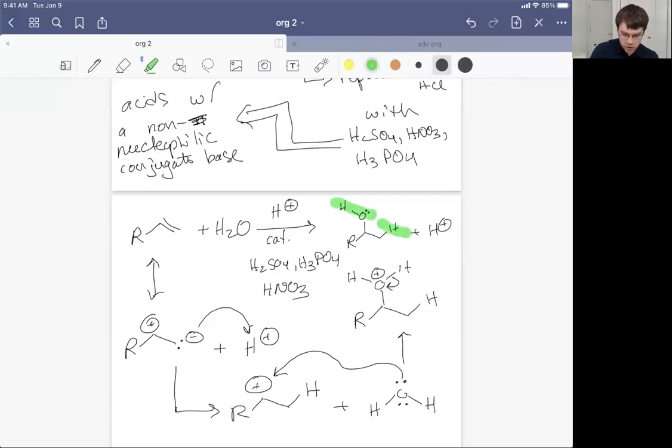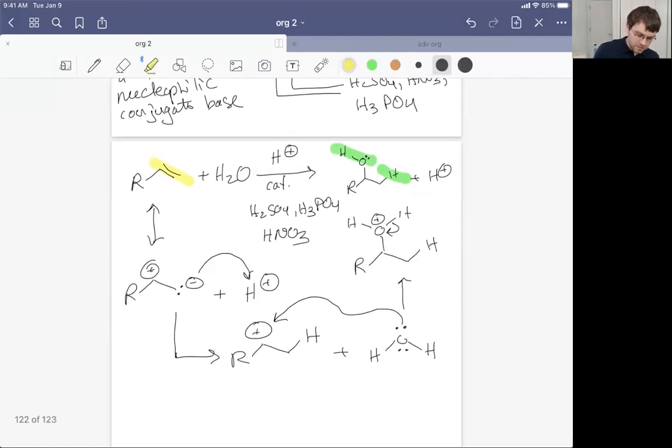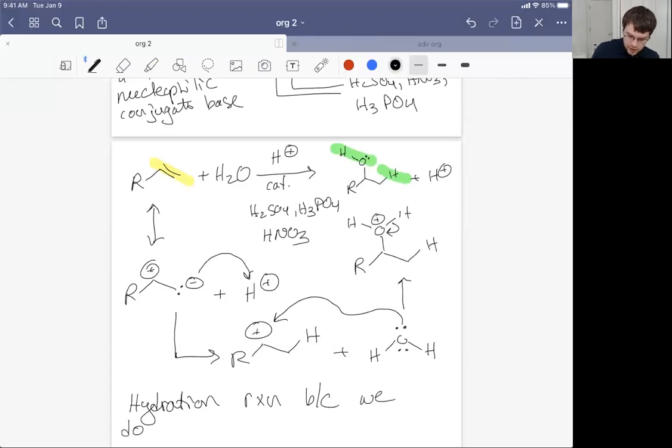Now the net addition of OH and H across what was our alkene center is kind of like we're taking the alkene and adding H2O across it, or water. And so we call this the hydration reaction. So it's a hydration reaction because we do a net, I call it net, addition. It's not like we added water.